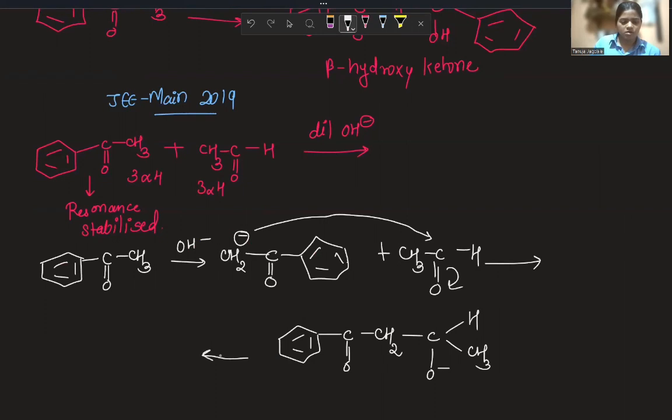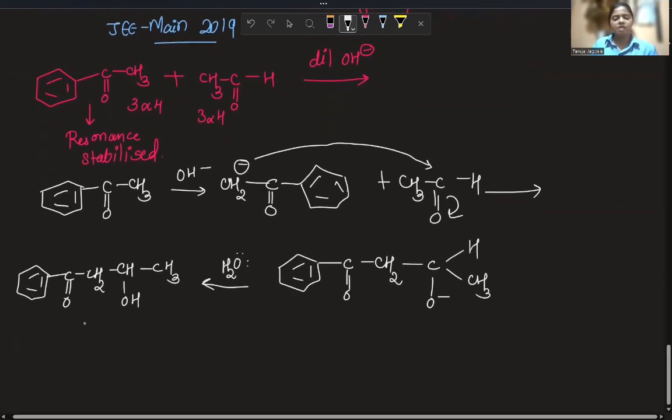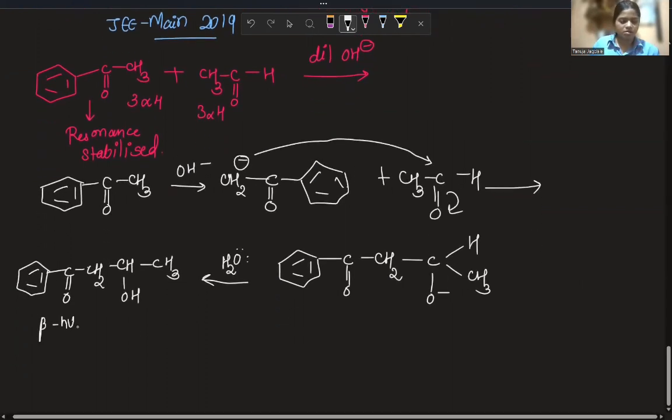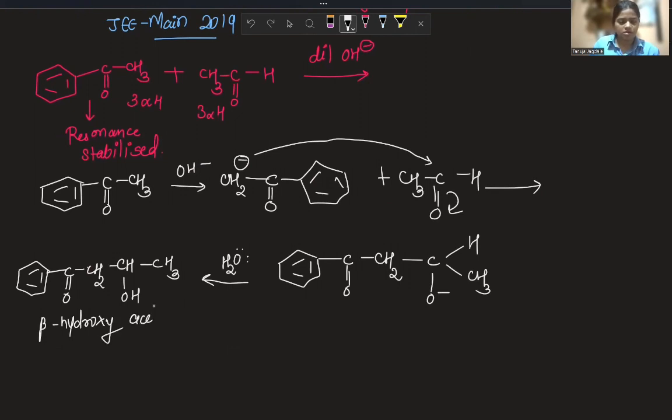The final product of the reaction will be beta hydroxy acetone, which is our major product.